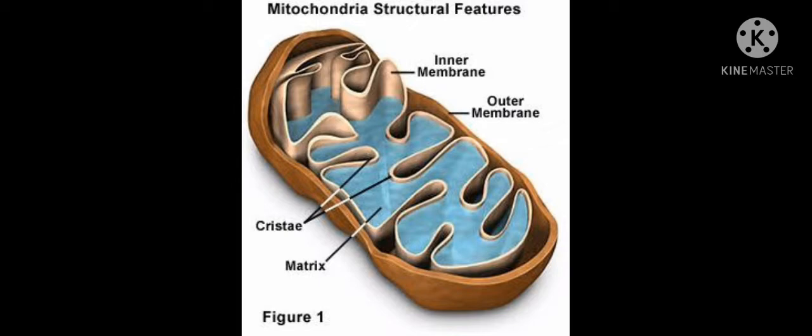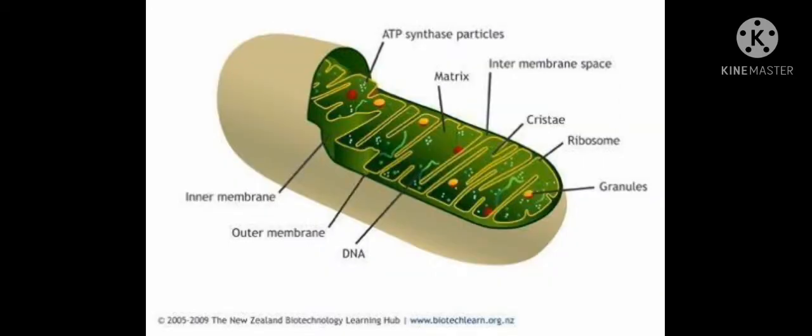So mitochondria consist of the outer membrane, the inner membrane, and a fluid present inside the mitochondria, nothing but the matrix. Within this matrix there are ATP synthesis particles, then ribosomes, DNA molecules and some granules. So this is the general structure of mitochondria.